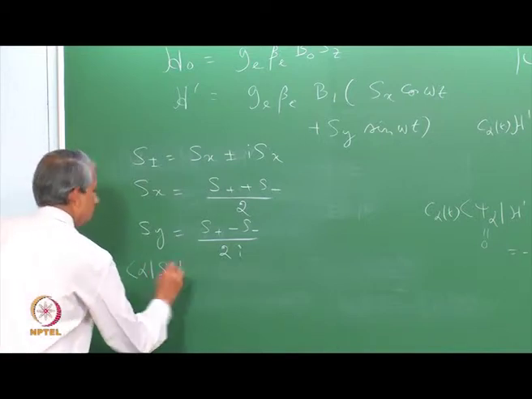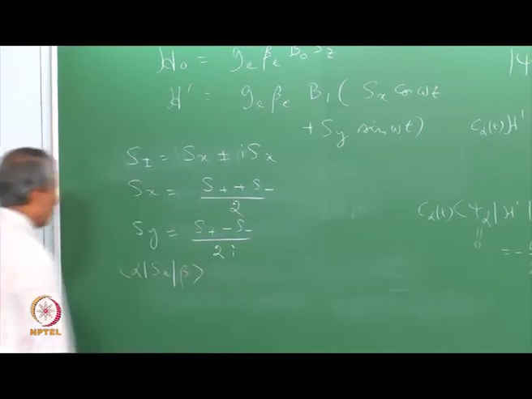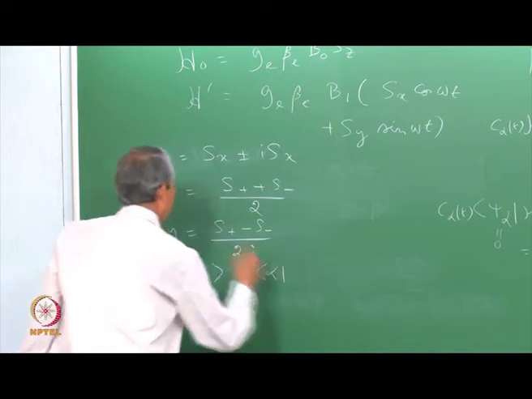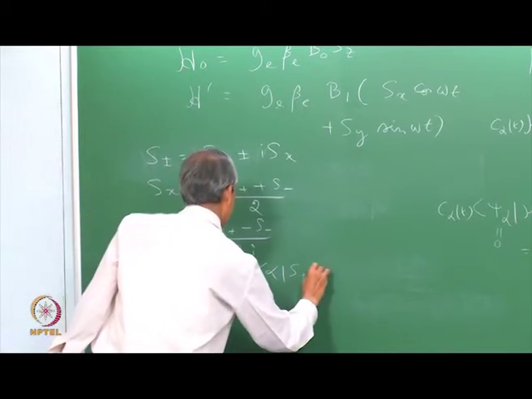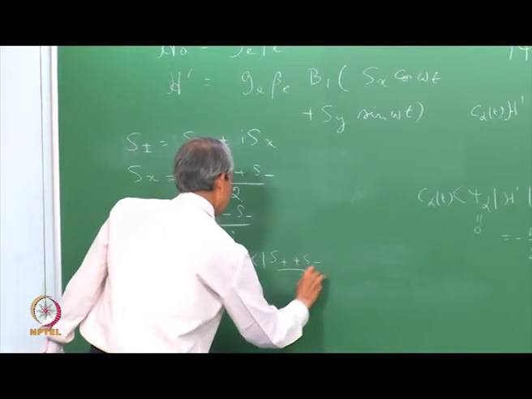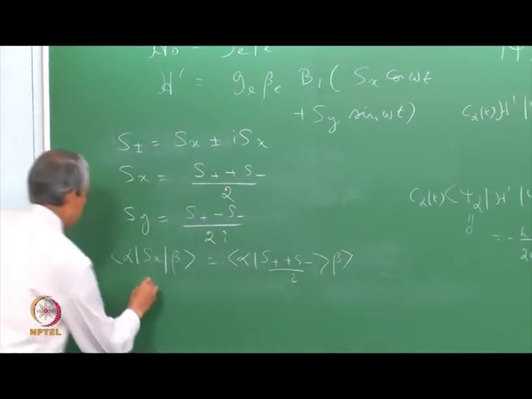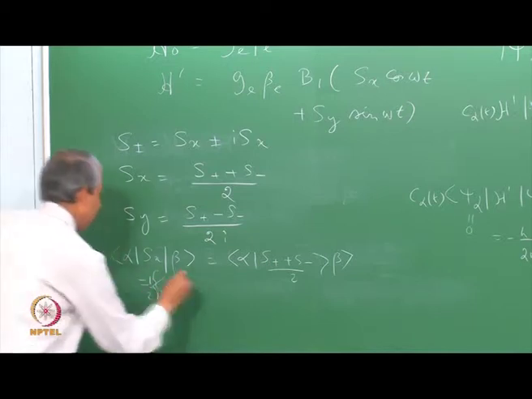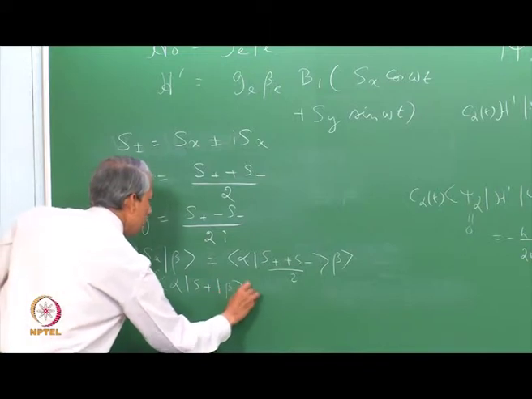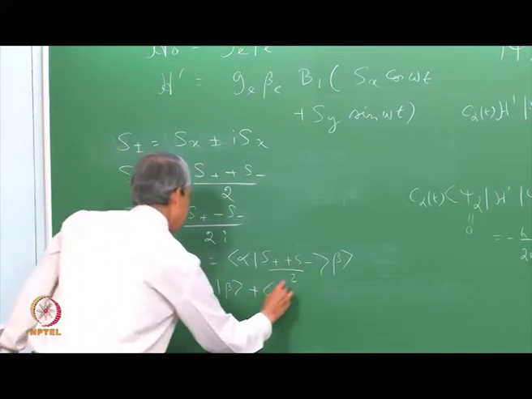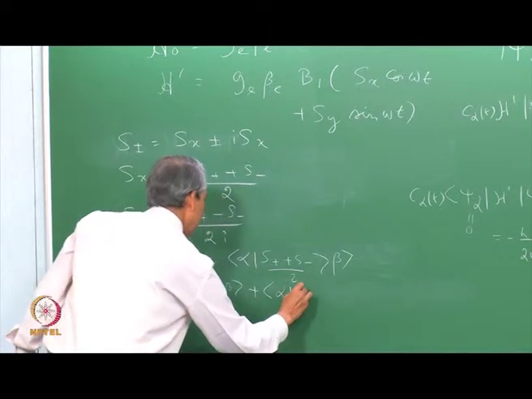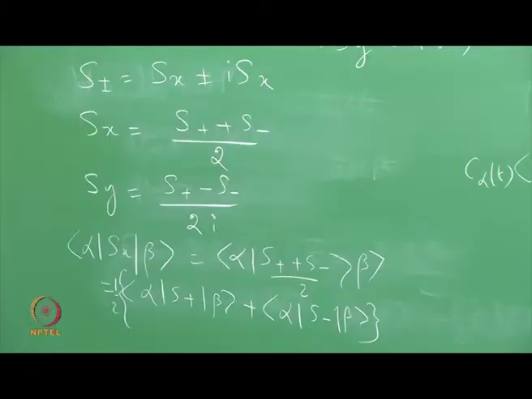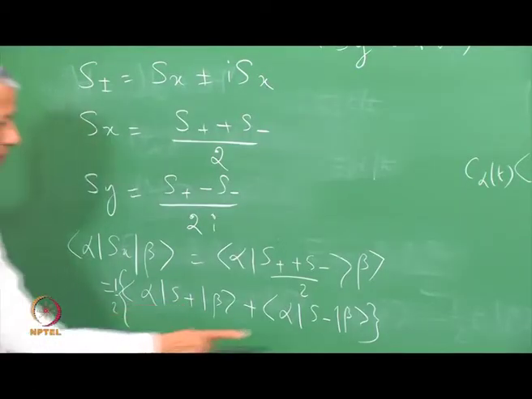So, alpha Sx beta will be alpha, S plus plus S minus by 2, beta. So, this gives alpha half of this; here this is the raising operator, this is the lowering operator.